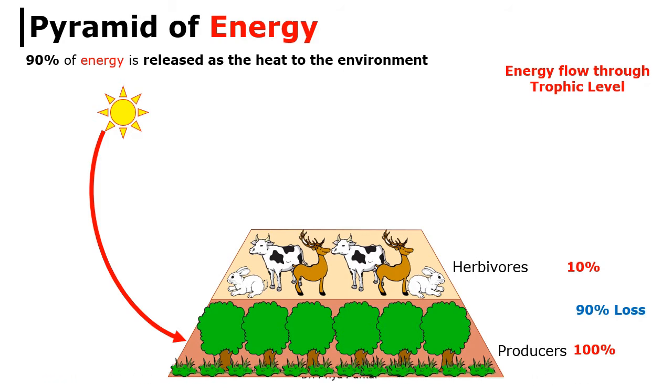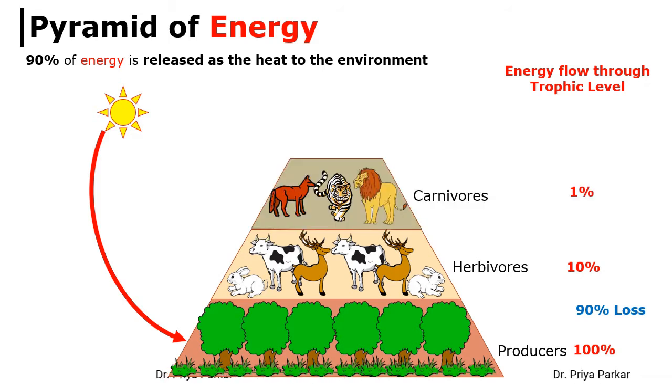Herbivores consume this 10% energy by eating the green plants. Again, 90% energy is lost in the environment in the form of heat through the process of respiration. Thus, only 1% energy is passed on from trophic level 2 to the trophic level 3, that is from herbivores to carnivores.